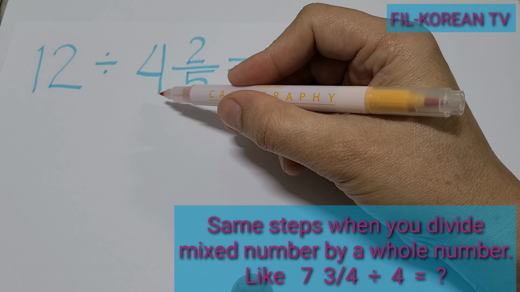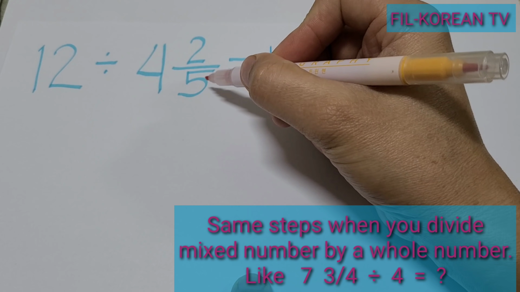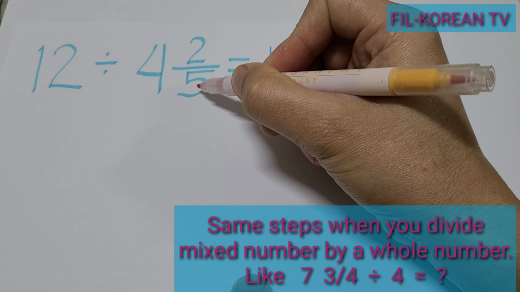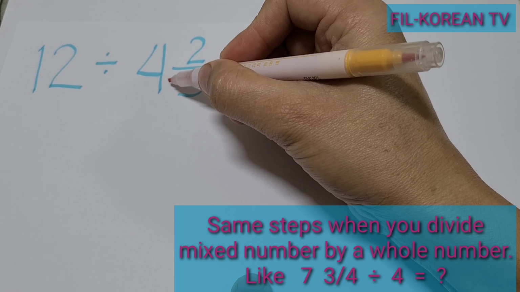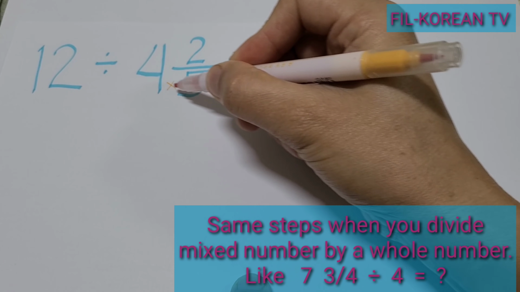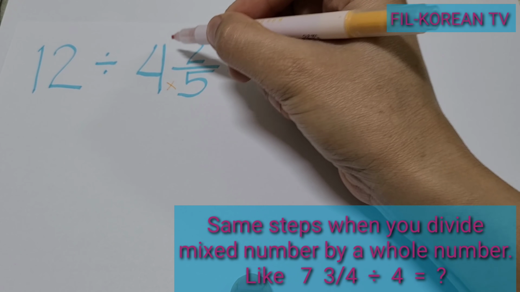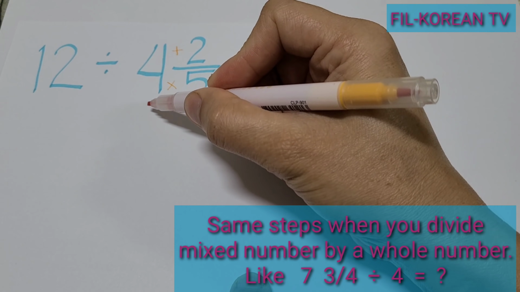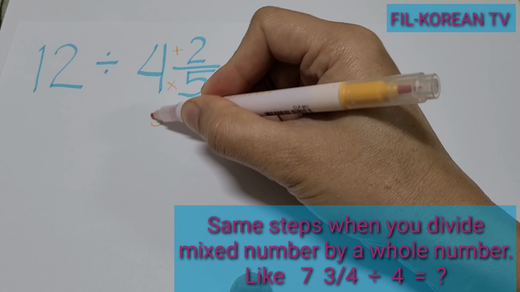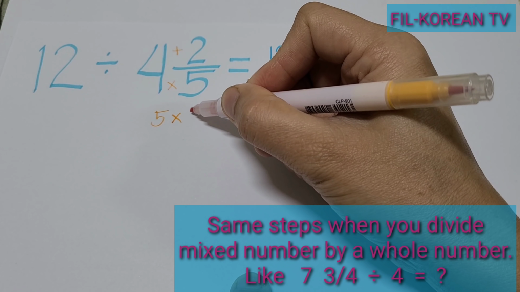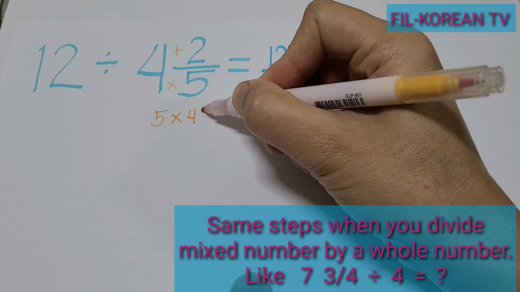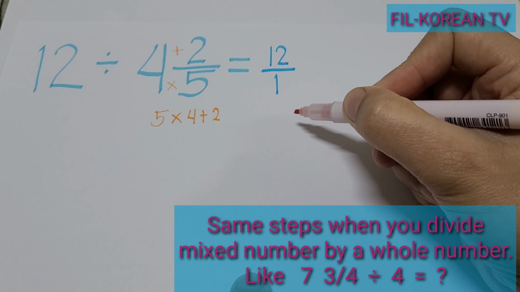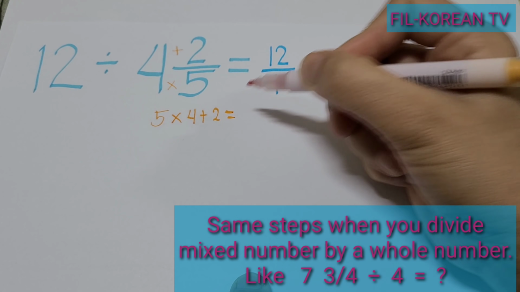Okay, next naman, itong 4 and 2/5 mixed number, gagawin nating improper fraction. Para maging improper fraction ito, i-multiply lang natin itong denominator at saka whole number. Ang answer dyan ay i-add natin itong 2. So, bali, 5 times 4 plus 2 equals.